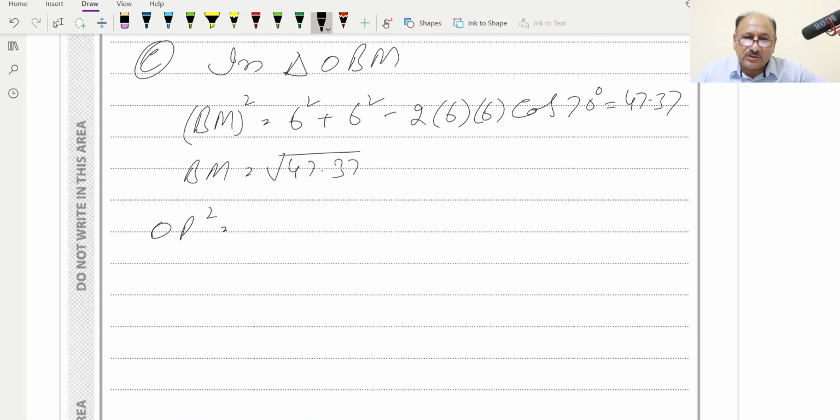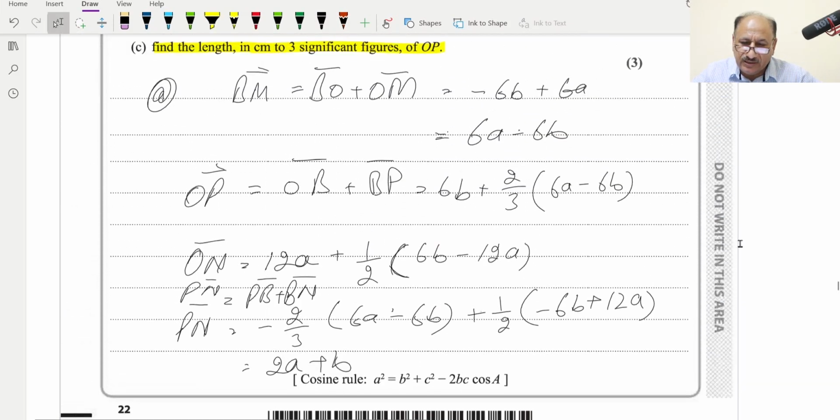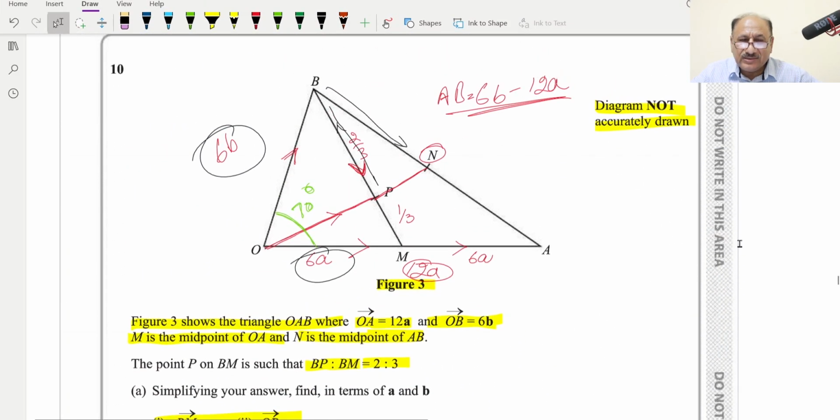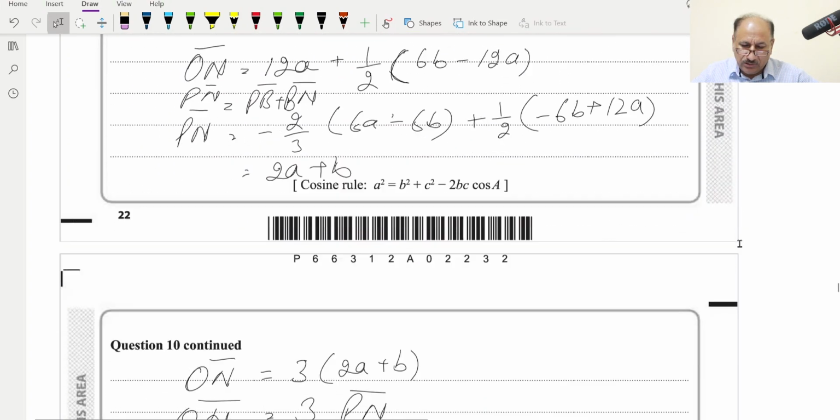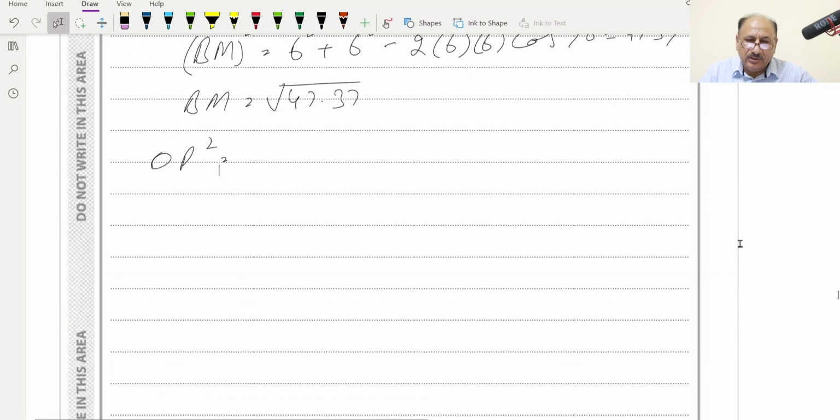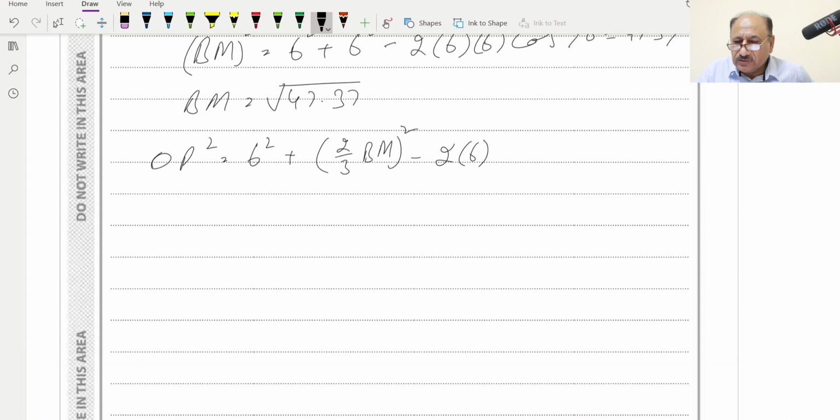The other two sides: one side is 6, and the other side is 2 by 3 of BM. So we can write here 6 square plus 2 over 3 of BM whole square minus 2 into 6 into 2 over 3 BM, and cos of this will be 55 degrees.